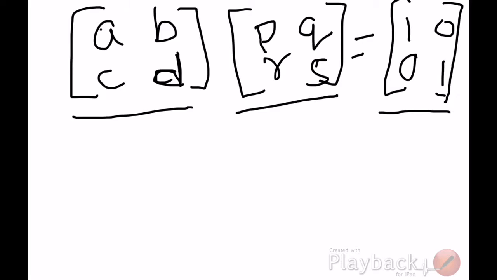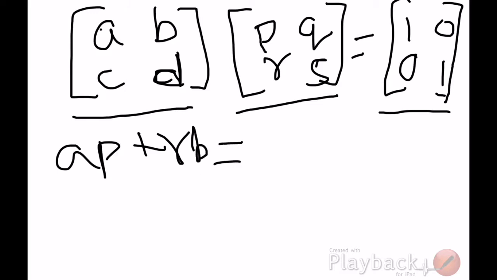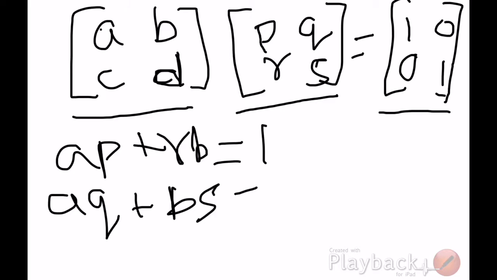So how does matrix multiplication go? AP plus BR, or whatever you want to call it, is equal to 1. See the first variable over there. Next we have AQ plus BS is equal to 0.